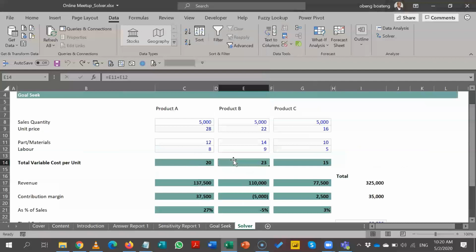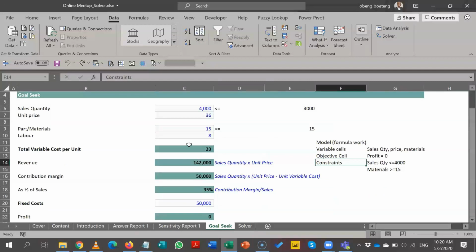Bernard. Yes, sir. The variable cells: why is labor being left out? I know you are saying the variable cells are the input cells. Why is labor left out of it? I understand the constraint, but labor is standing alone and it's not part of your variable cells. Can you just go over that?